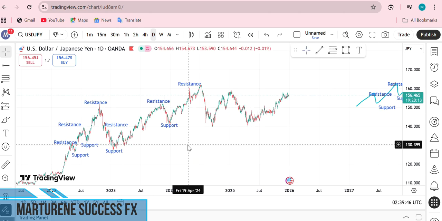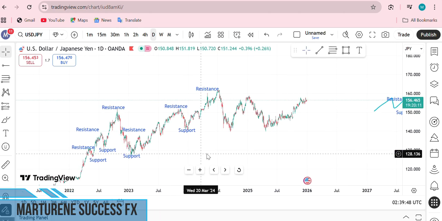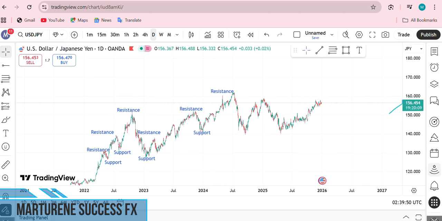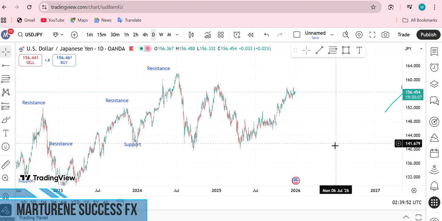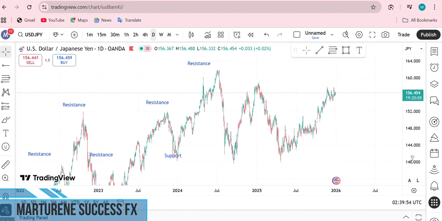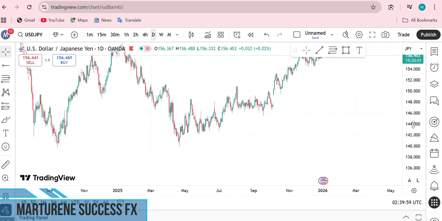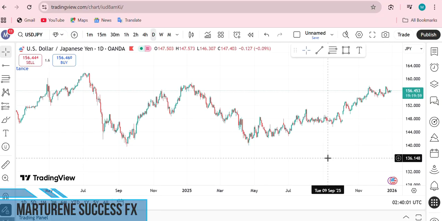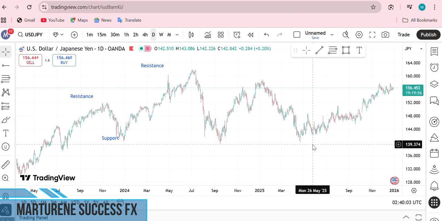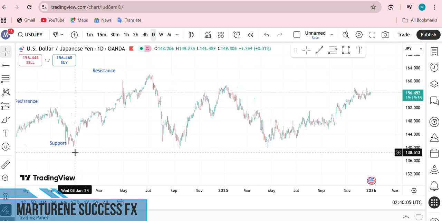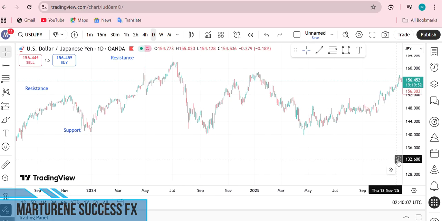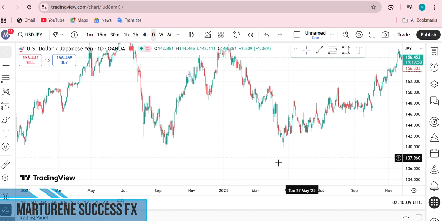Now there's something I would like to do first of all. I would like to plot, then you will be able to see. Okay, this is our chart. I've opened it very well so that it can be very visible.